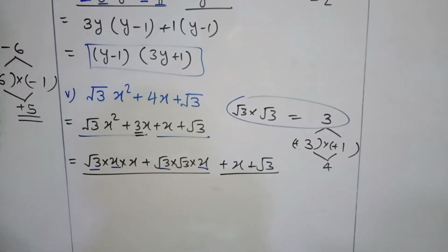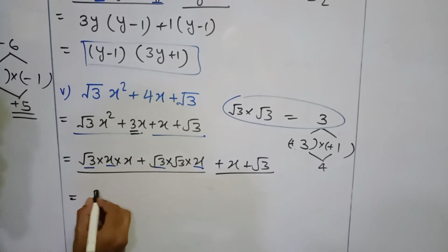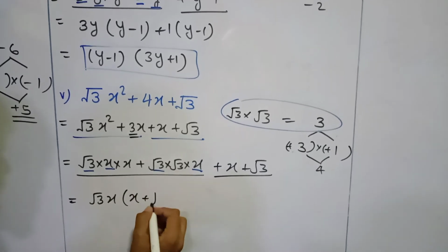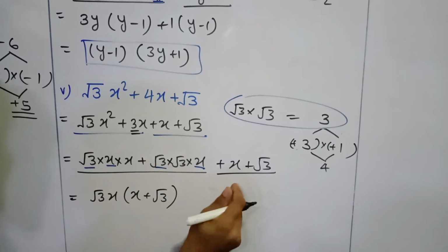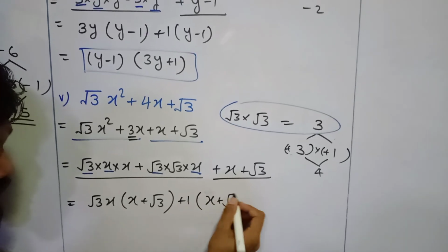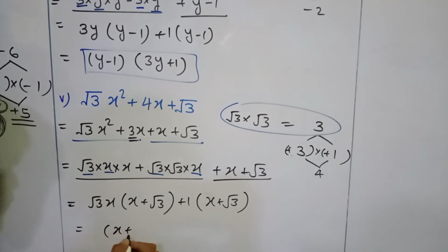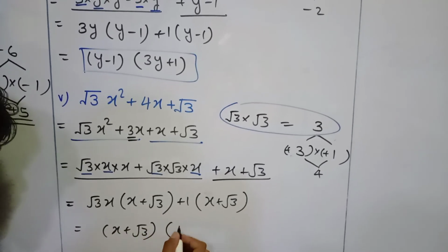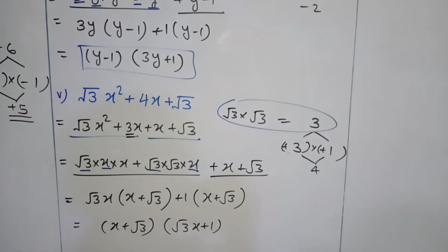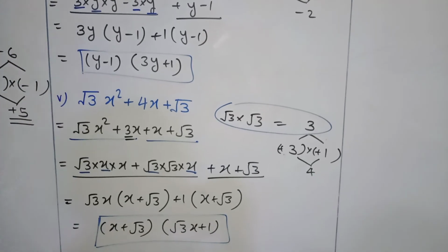No. So root 3 x is common, and what remains is x plus root 3. Here nothing is there, that means 1 into x plus root 3. Both the brackets are the same, so x plus root 3 comes in the first bracket and root 3 x plus 1 in the second bracket. These two brackets are our answer.